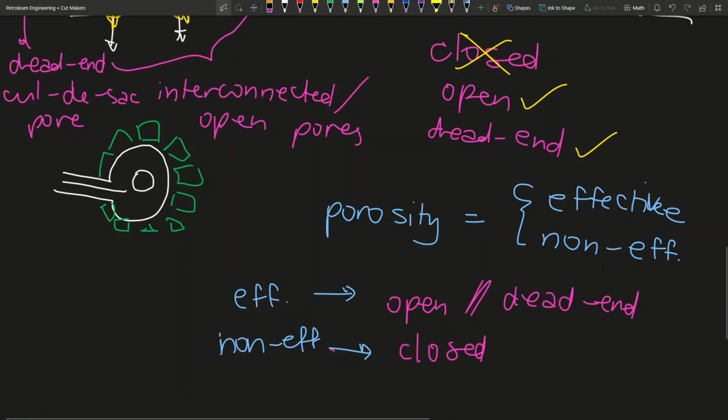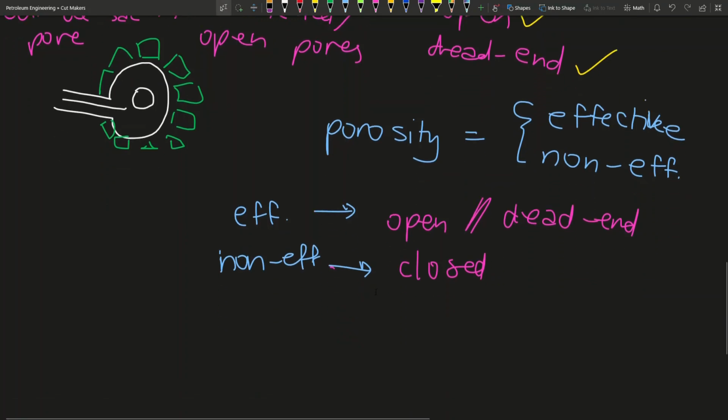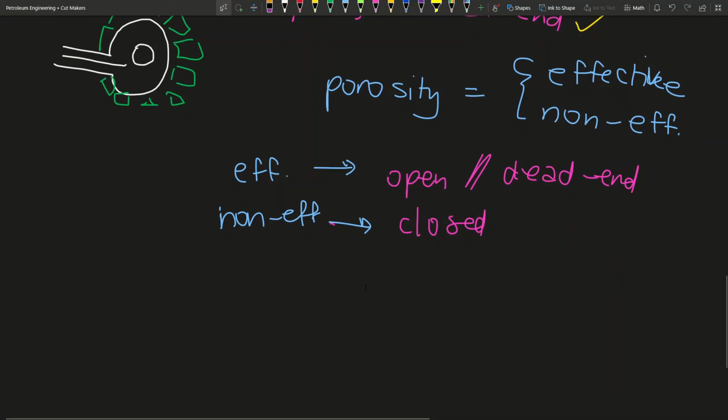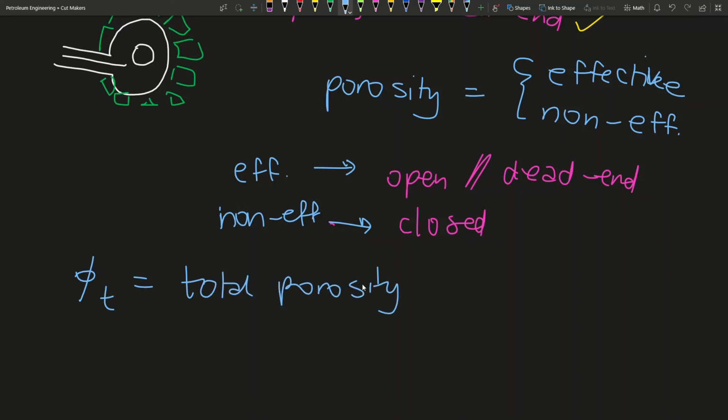Okay, so now how can we put that into some kind of formula that can allow us to evaluate these mathematically? Let's define porosity phi sub t, which is total porosity. And the total porosity will be a sum of effective porosity and ineffective porosity.